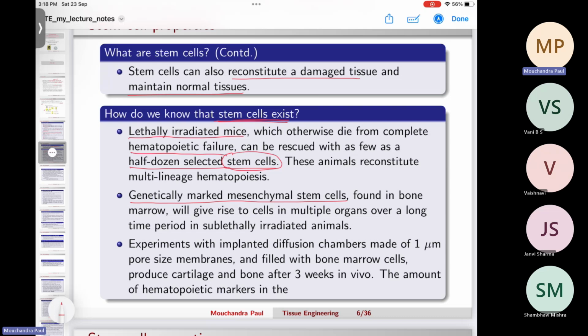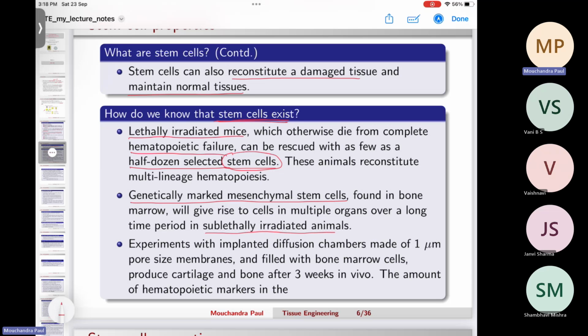Because of this logic, people found that in mice which were sublethally irradiated, meaning the extent of damage that the radiation caused is not that much, they added these genetically marked mesenchymal stem cells, and over a long period of time they observed how these cells act in the body, whether or not they contribute to reconstitution of some organs.